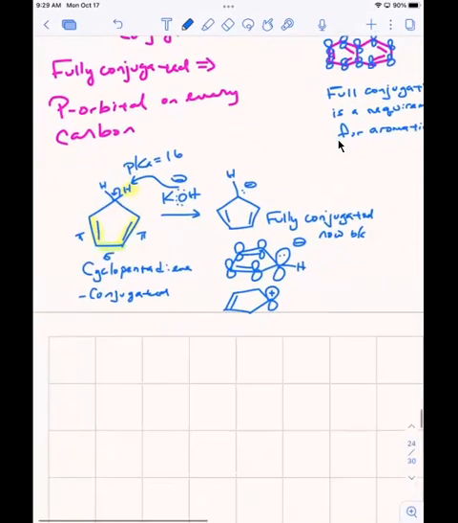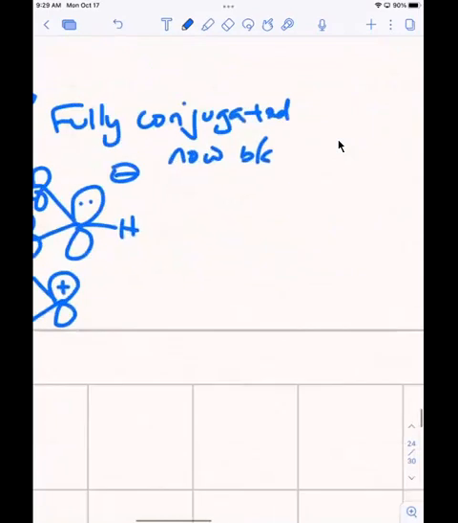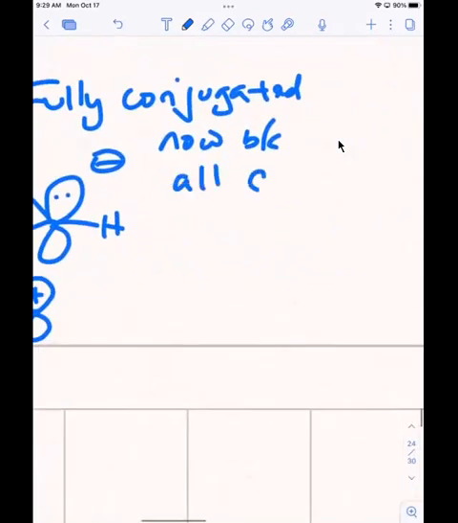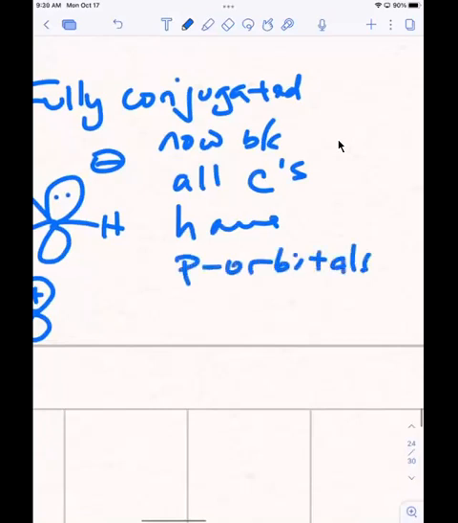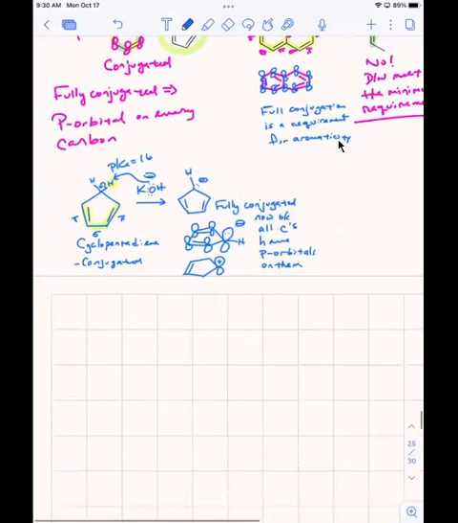So I can make cyclopentadiene fully conjugated by reacting it with a base and then pulling off one of those protons. So all the carbons have p orbitals. It was already conjugated to begin with. We saw that. But if I react it with a base, then make that allylic carbon negative, then I can actually make it fully conjugated.